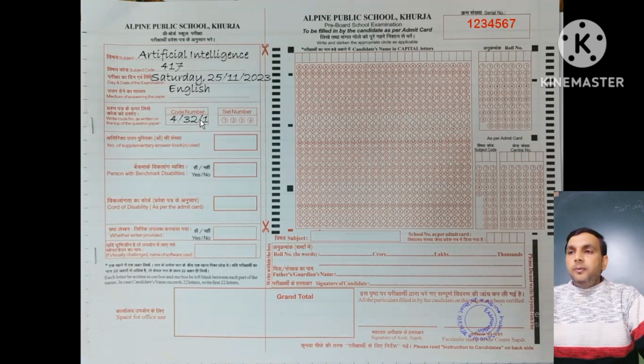This is an example. And this is for the set number. There are 4 bubbles. There might be 1, 2, 3 or 4 sets of the question paper. So you just have to write the proper set number. So here we can see if the set number is 1, that is written here, and you can fill the corresponding bubble.